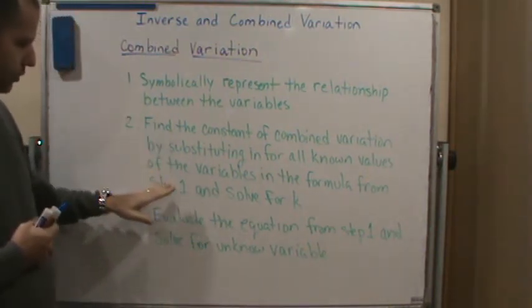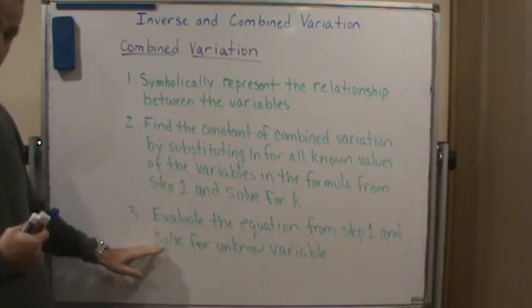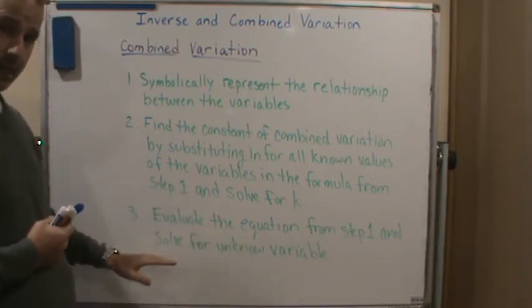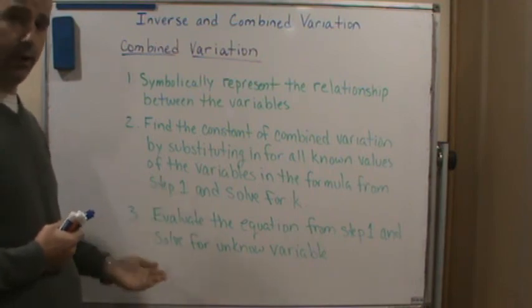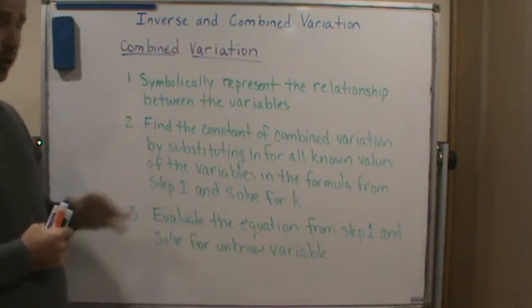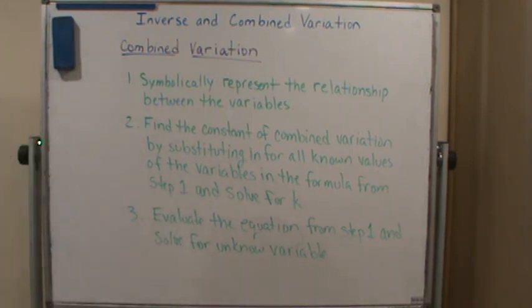And then lastly, once you have your k value, once you have your constant, then it's just a matter of using the same formula with your known constant and plugging in the known values of the variables to solve for the unknown variable. So that's what we're going to do. Okay? So again, very similar to what we did with inverse, direct, and joint. See you then.